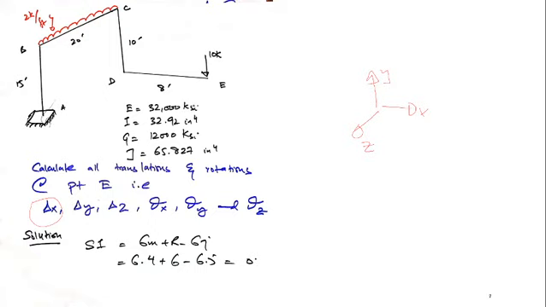Some data is also given. E is equal to 32,000 ksi, and then I is the moment of inertia. G is the modulus of rigidity, and J is the polar moment of inertia. You should know that in this formula, dx divided by EI, this is the flexural rigidity.